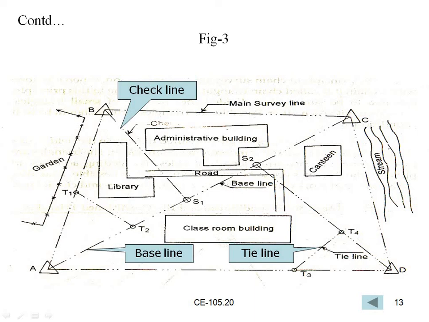So this is our area, and this is the main survey line, the outermost lines, that is A, B, C, D. The outer lines are called main survey lines.